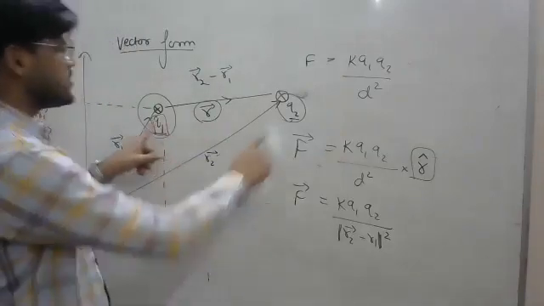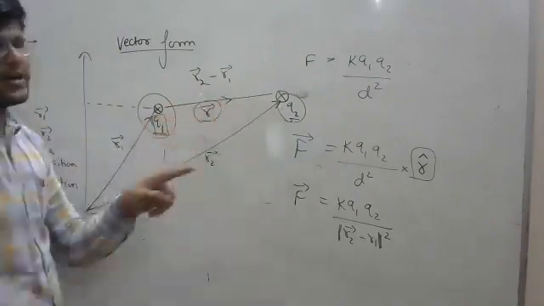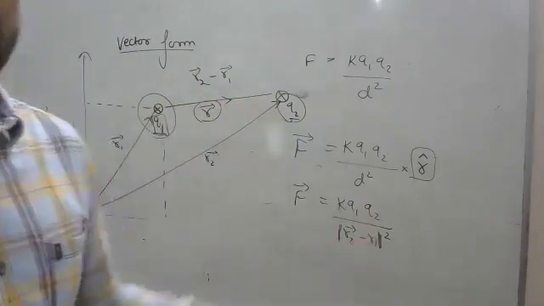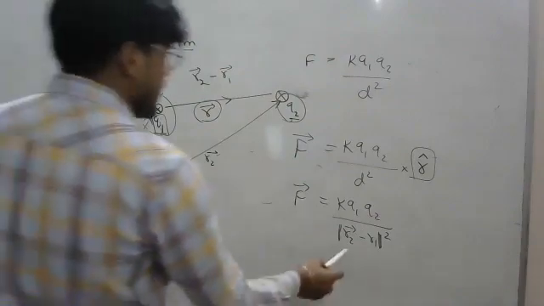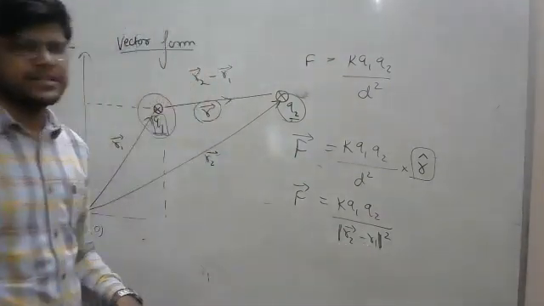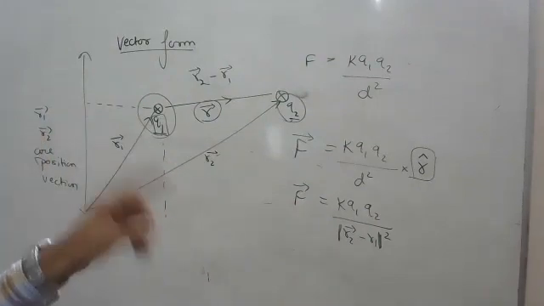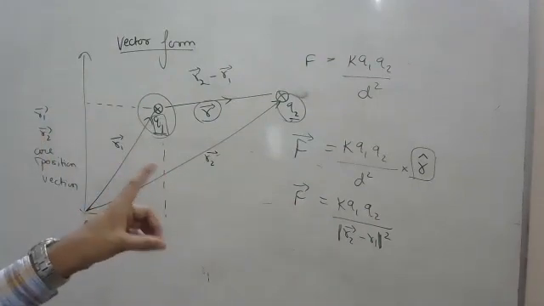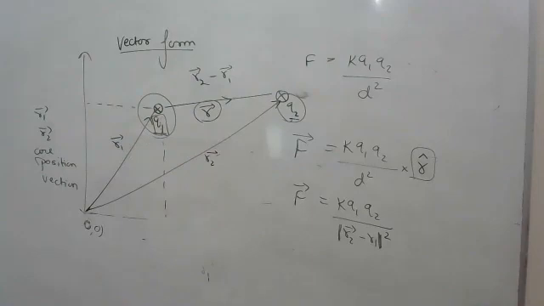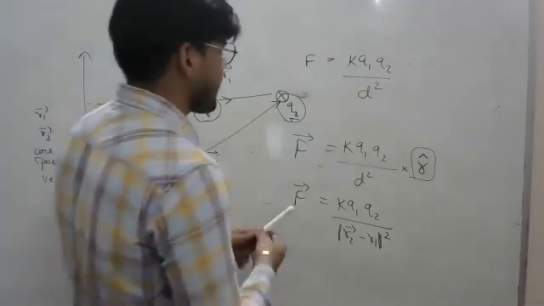So the distance between these two charges is R2 minus R1 and you will apply modulus, that means magnitude of R2 minus R1. I need to give you a few questions if you are not clear with the vector form. This is the first step, you concentrate, then we will solve a few questions and you will understand its application.